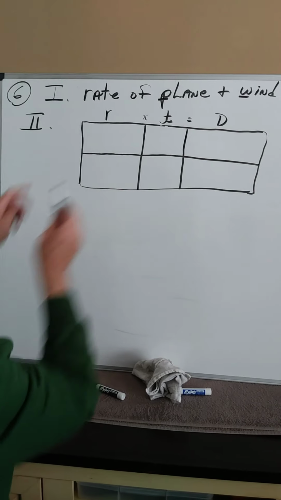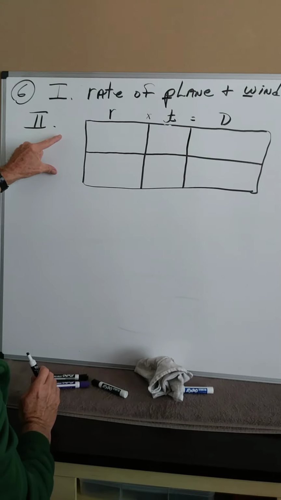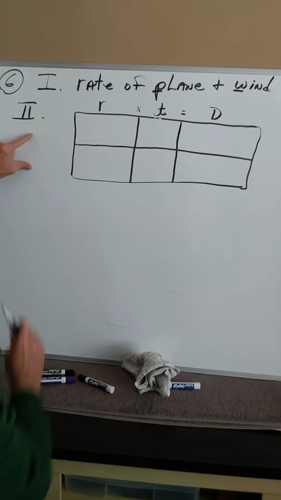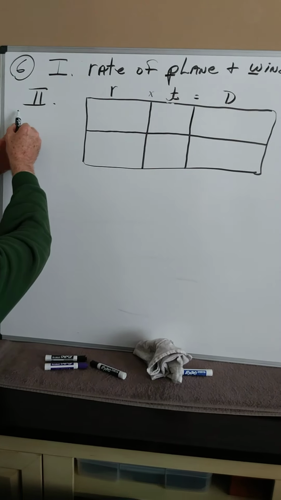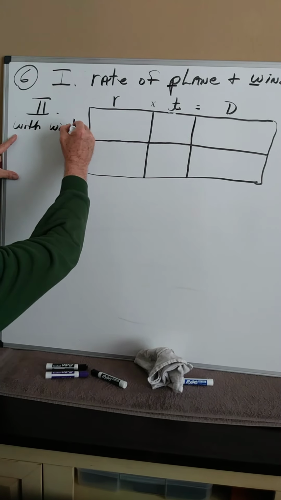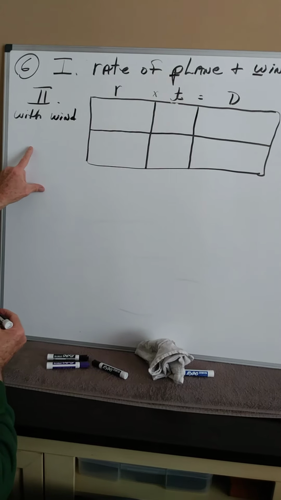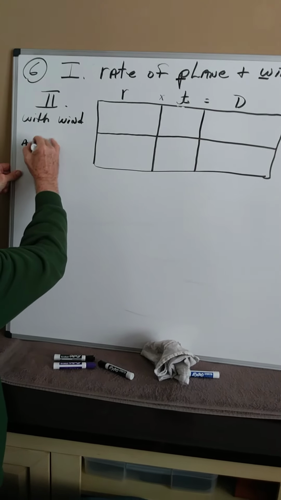Now here we go to the title of the rows. We're dealing with only one plane, but the plane is going in 2 different directions, so we're going to let row number 1 be with the wind. On its journey, it's traveling with the wind, and when it does an about face, it's going against the wind.